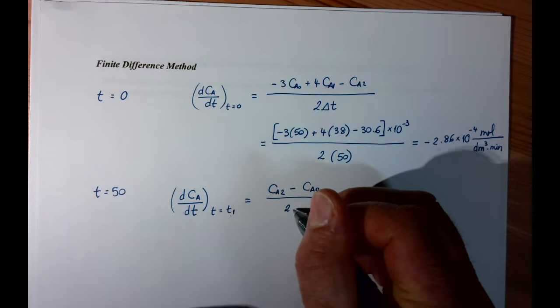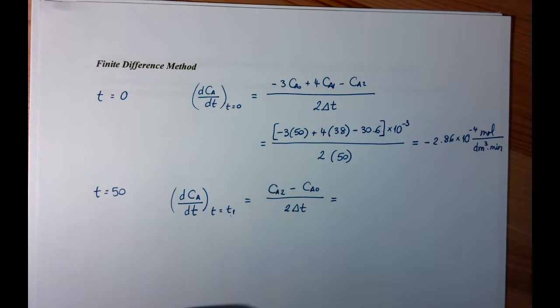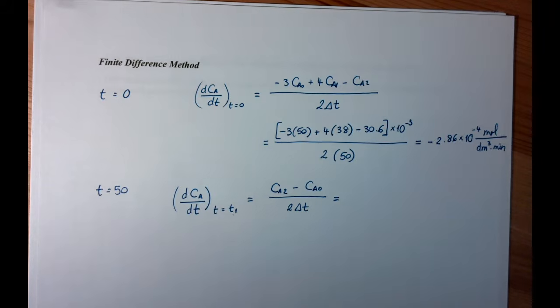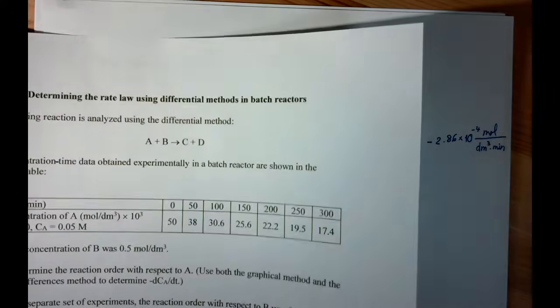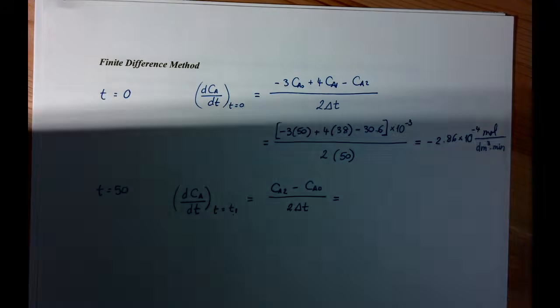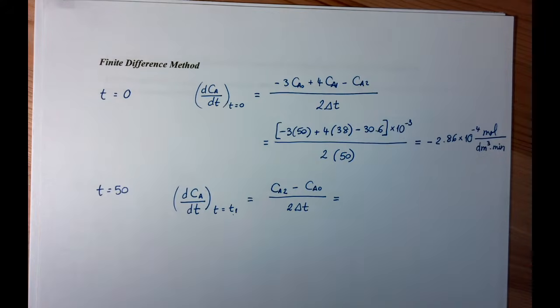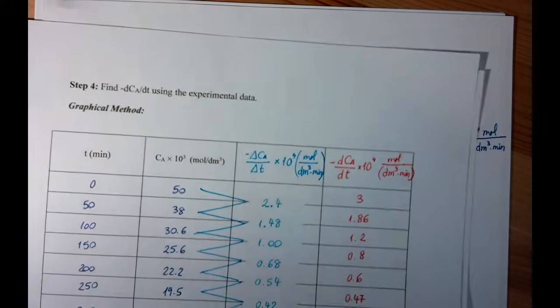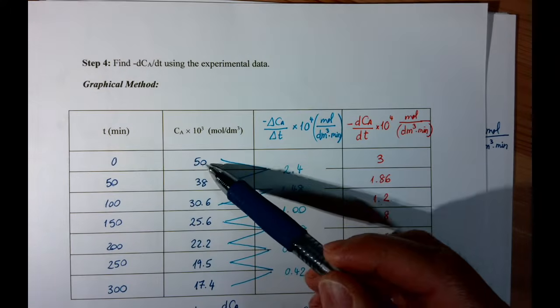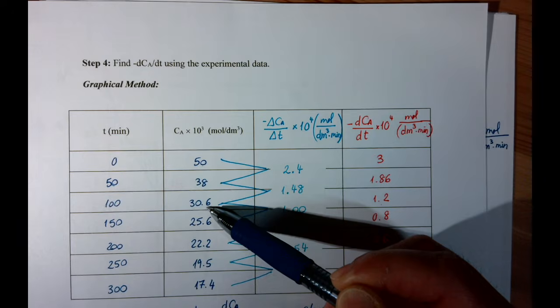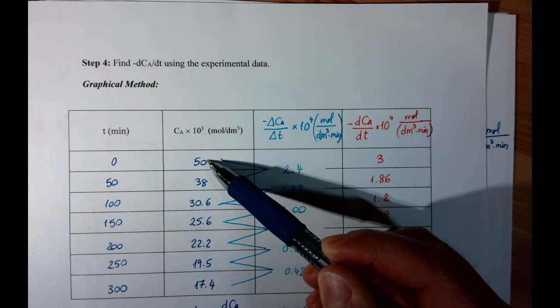In the table, CA2 is 30.6, CA0 is 50, and delta t is 50.